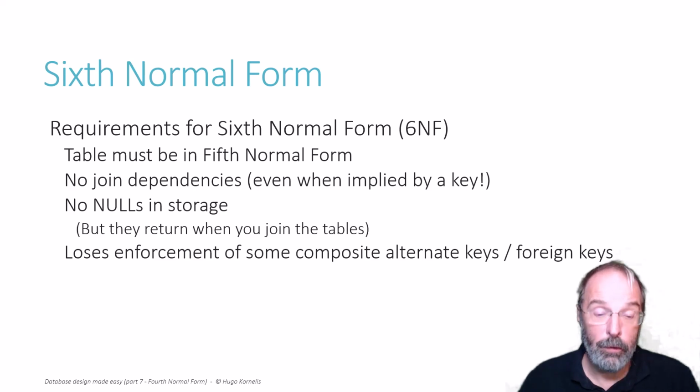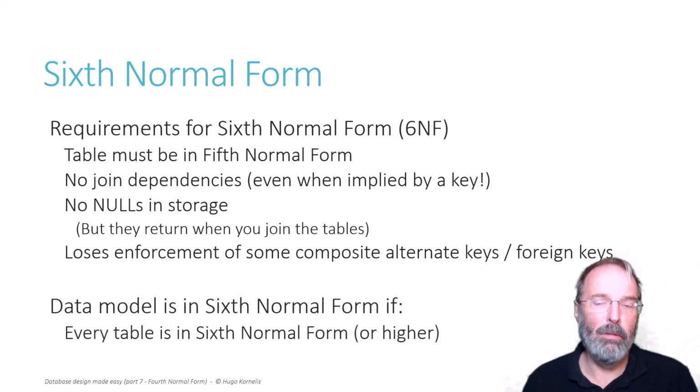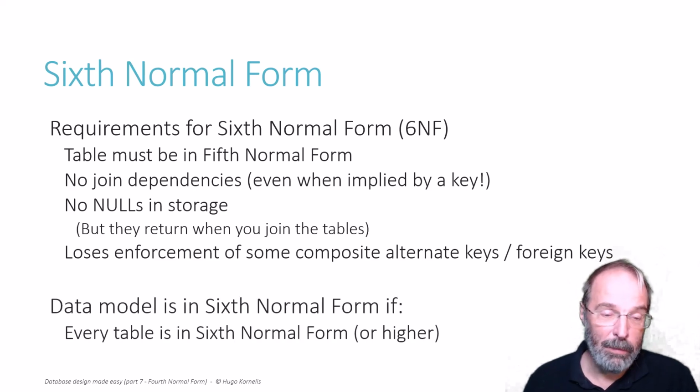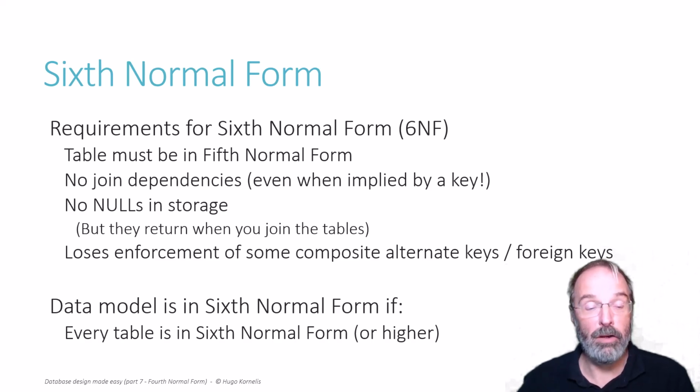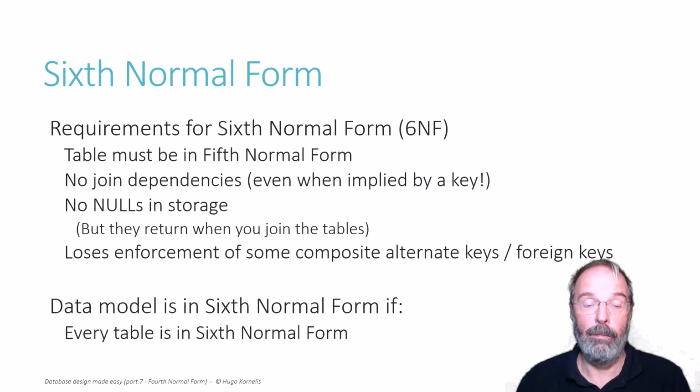But for the official definition, let's finish this video with the standard finish of every video I've done so far. The data model is in sixth normal form if every table is in sixth normal form, or oh wait, there is no higher normal form, so a data model is in sixth normal form if every table is in sixth normal form, period.